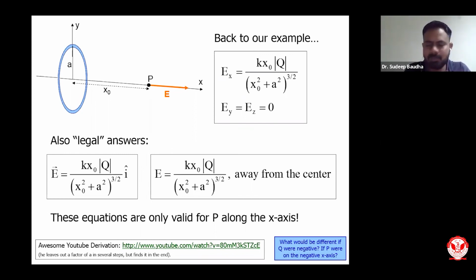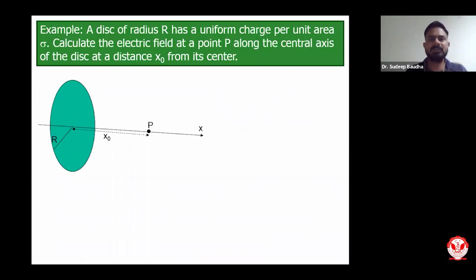Now let me introduce our fourth concept, which is, instead of a ring, if I have a disk. This is also very interesting. The formulation of the situation I have already shown you.